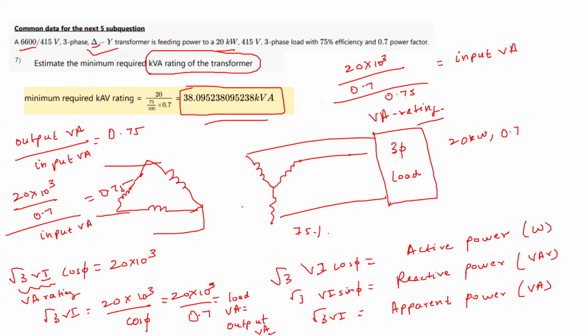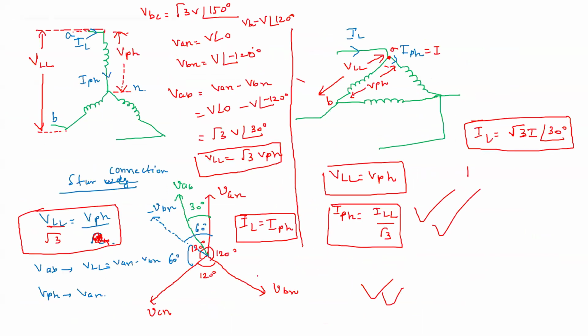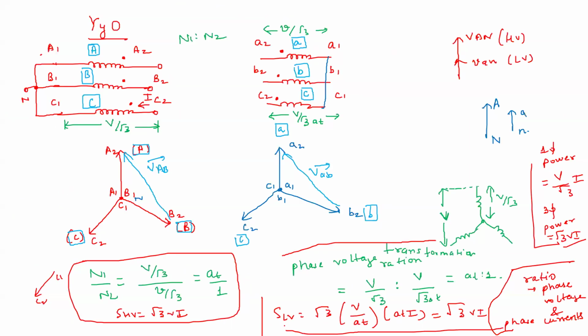Yes, that will be the same, because we have seen that SLV or SHV remains the same, whether we energize it from the LV side or from the HV side. You see, SLV we got the same, and SHV we also got the same.